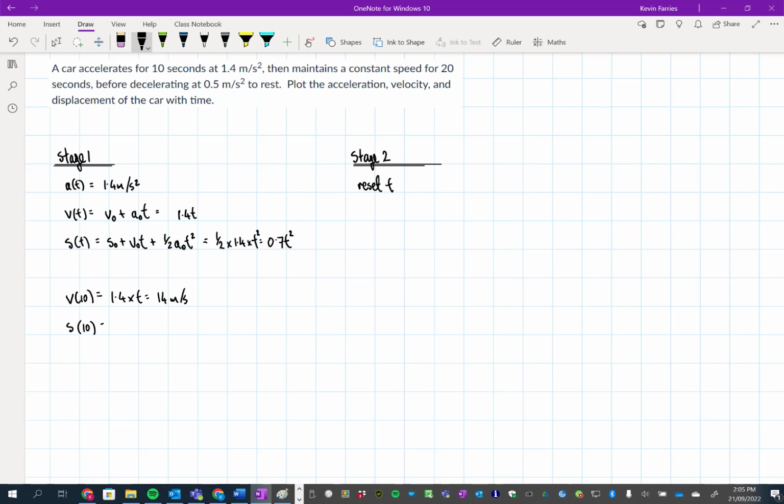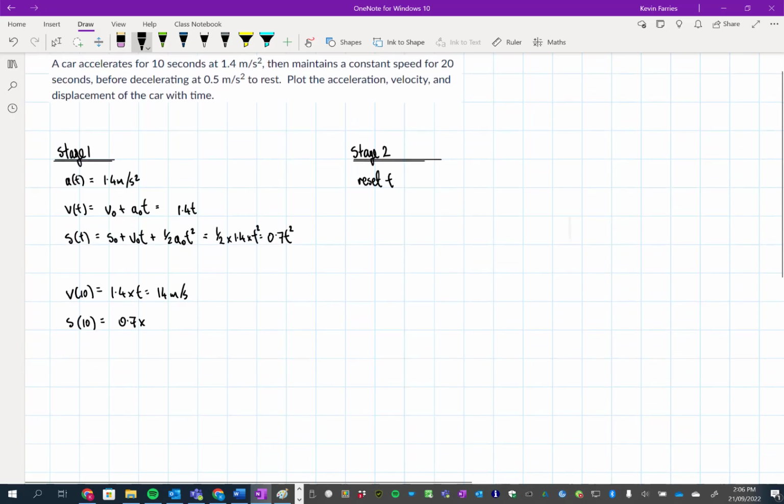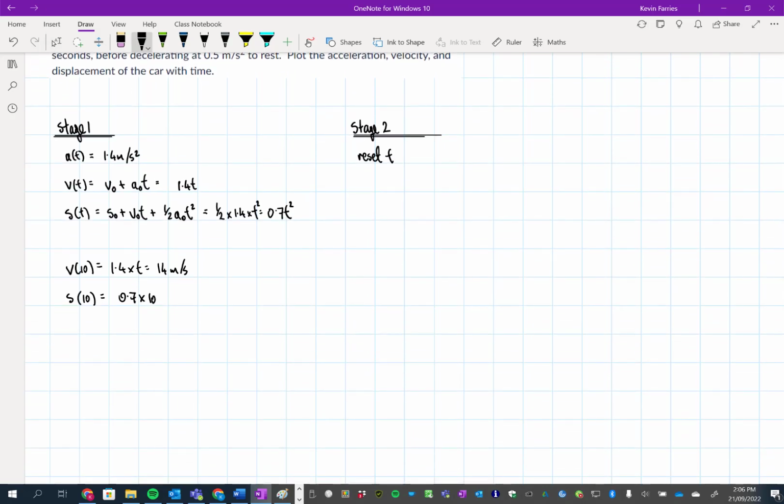The displacement at 10 seconds is just going to be 0.7 times 10 squared, which is going to be 70 meters. 70 meters is displacement, so 0.7 times 10 squared. I'll try and write that so you can read it.